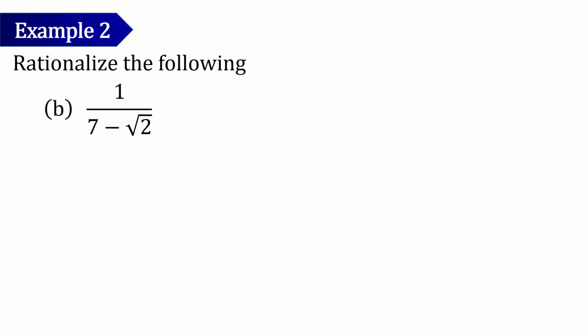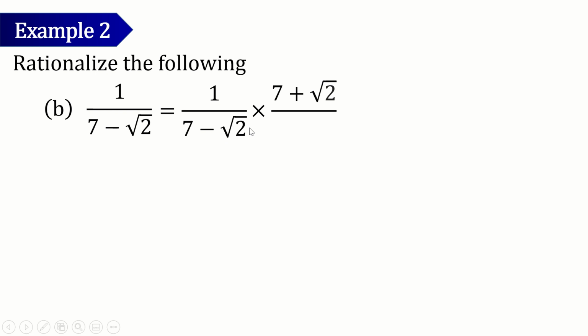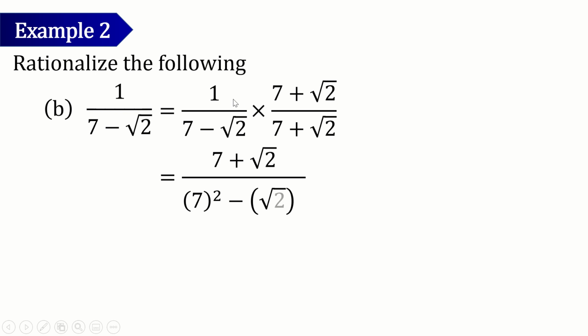Example two: 1 over 7 minus √2. We want to rationalize, so we take the conjugate of the denominator, which is 7 plus √2, and then we multiply it to the numerator and the denominator. For the numerator, it becomes 7 plus √2, and for the denominator, it becomes 7 to the power of 2 minus √2 to the power of 2.